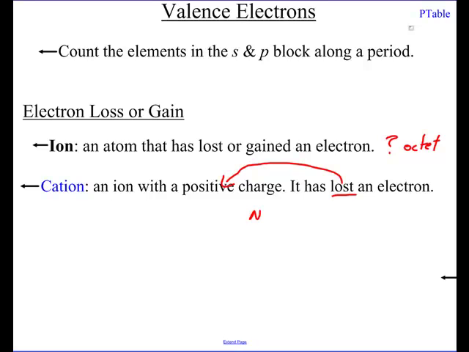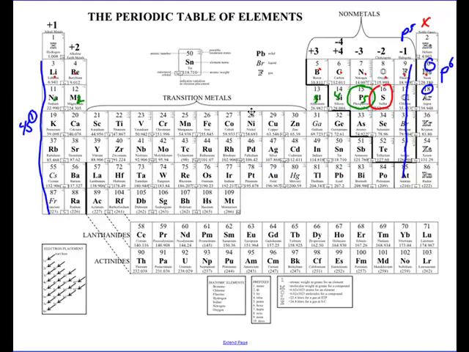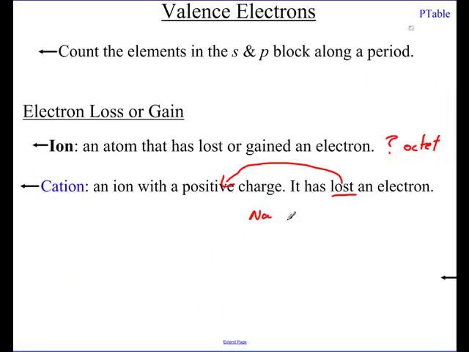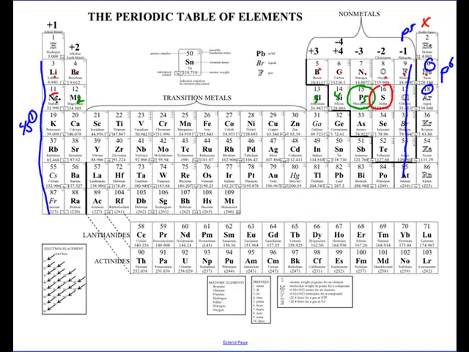Let's say I have sodium. All right. Sodium, if we look on the periodic table, we know it has 11 electrons, right? It also has 11 protons. So sodium has 11 protons and 11 electrons, okay? However, what's it going to do? Is it going to lose this S1 electron, or is it going to gain 7 electrons?